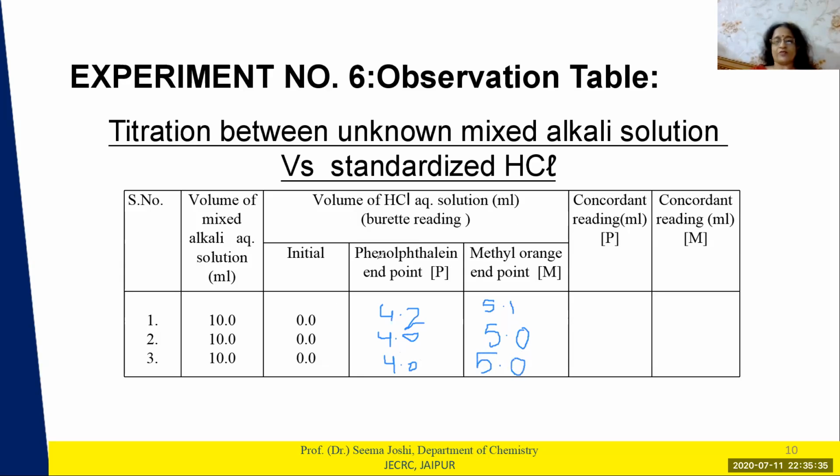So as per these values, our concordant reading for the phenolphthalein endpoint is 4.0. Consecutively two same readings are termed concordant readings. So the concordant reading for the methyl orange endpoint is 5.0 ml. Now we will carry out the calculation using the formulas.